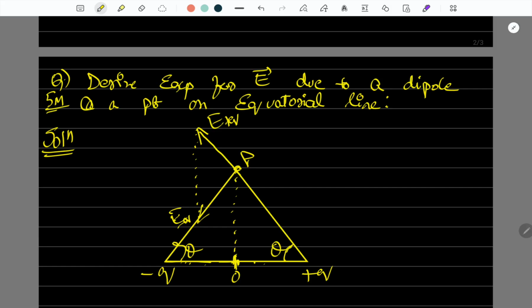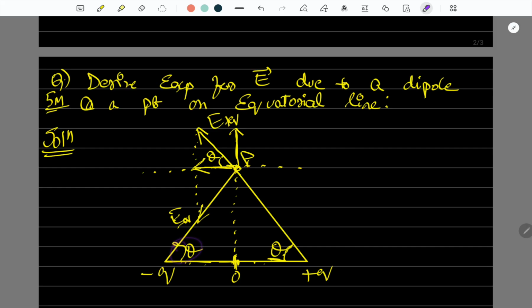Next, we resolve the components of E plus q and E minus q. E plus q, when you resolve this way you get one component, and this way you get another. This will be theta itself, because it is coming from here. These two angles are corresponding angles.